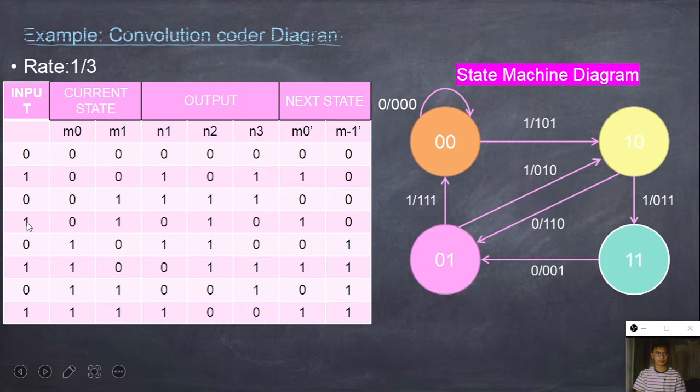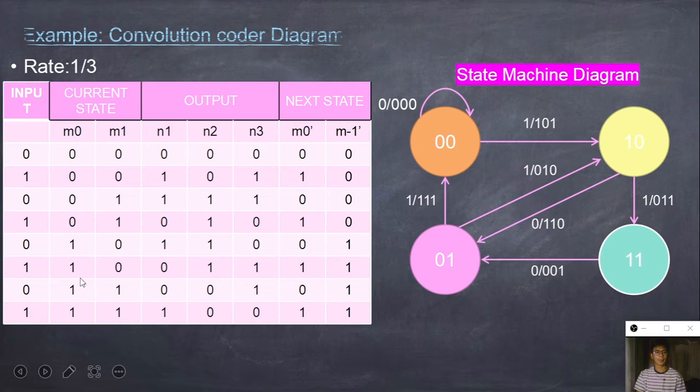Next, if the input is 1 and the current state is 0, 1, it goes to the next state 1, 0, with an input of 1 and an output of 0, 1, 0.